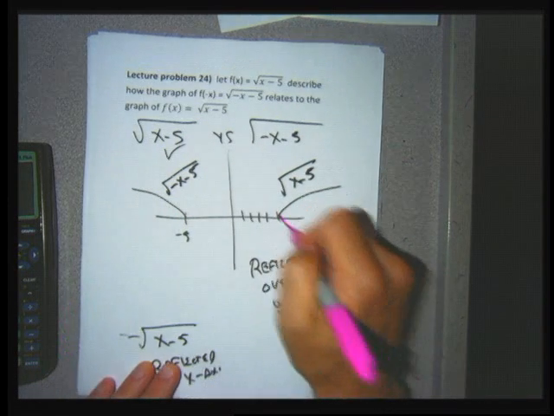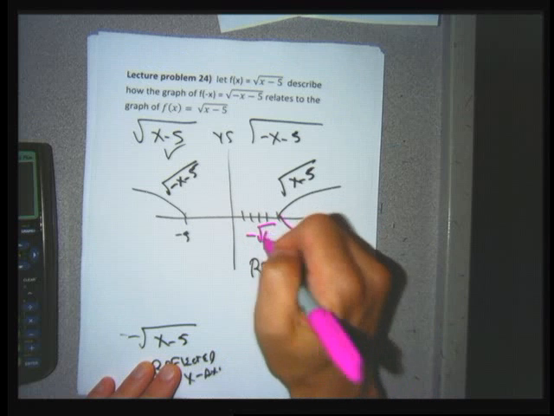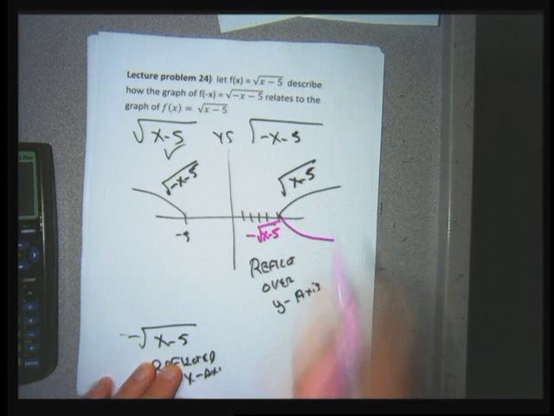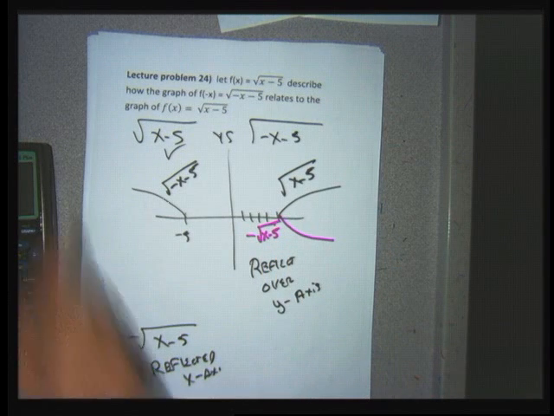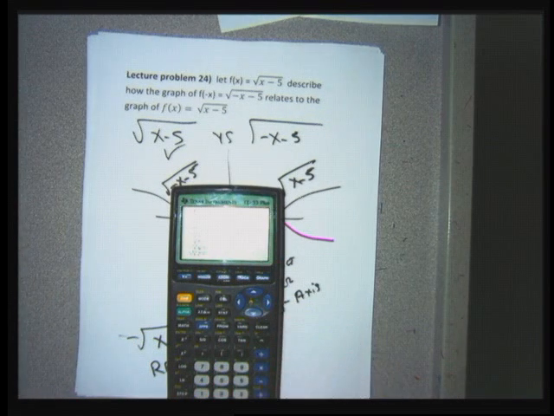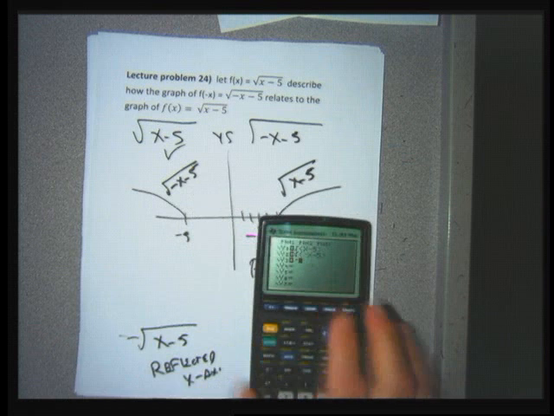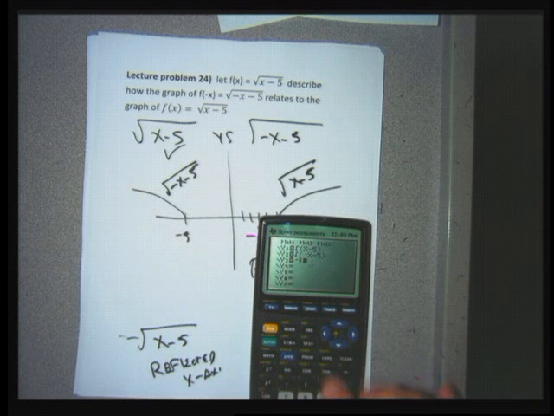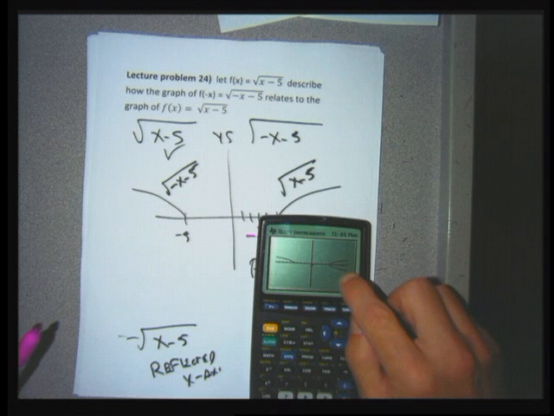And if I put a negative in front of the function, as opposed to changing the x to a negative x, it reflects over the x-axis. So let me just show that all on the same graph. So if I did negative square root of x minus 5, these are the three functions. And there comes the new one. It's reflected over the x-axis.